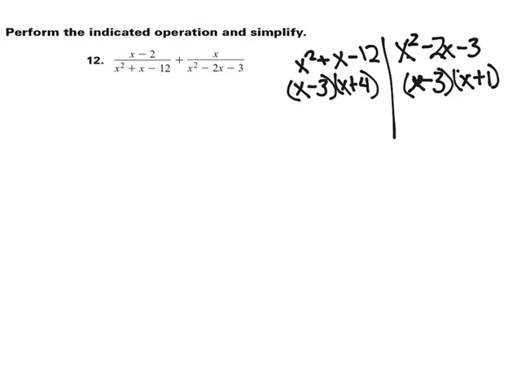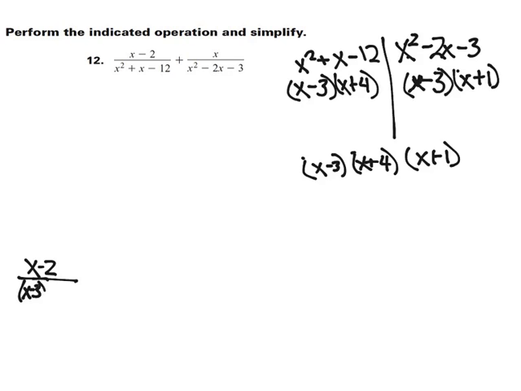So then we have our least common denominator will be x minus 3, x plus 4, x plus 1. So we go to write this, and we should write the bottoms in factored form. So on the bottom of this one will be x minus 3, x plus 4. And then we're going to multiply this one by x plus 1, because that's what it doesn't have.